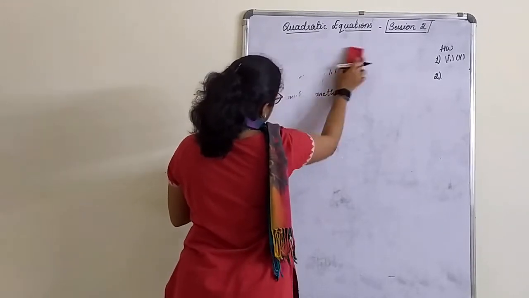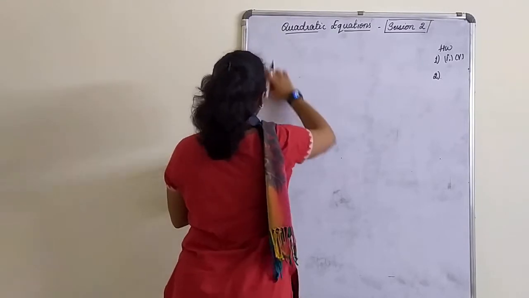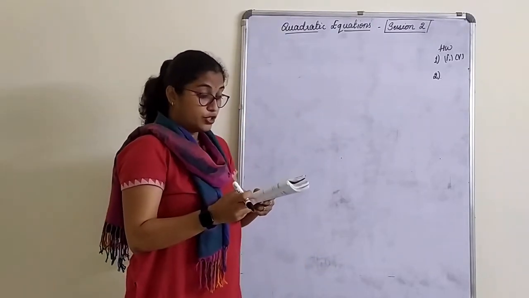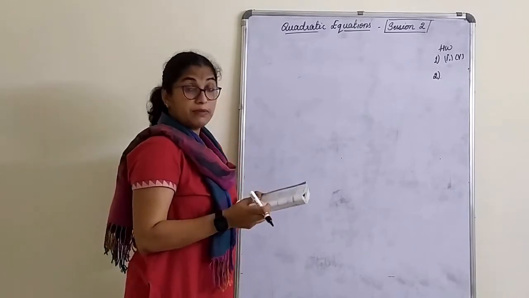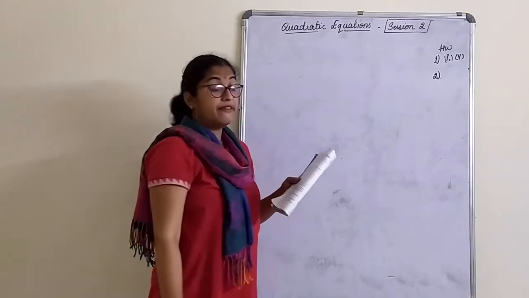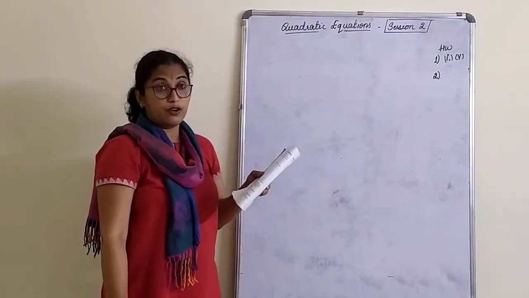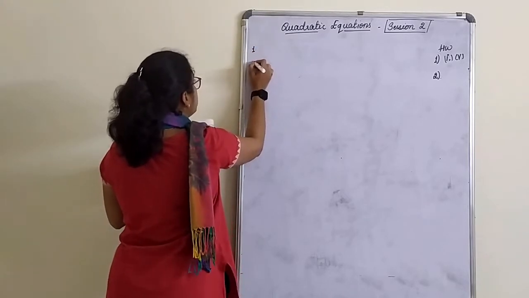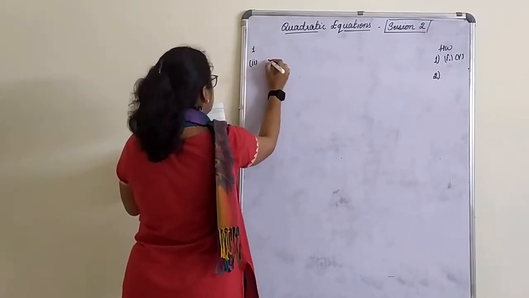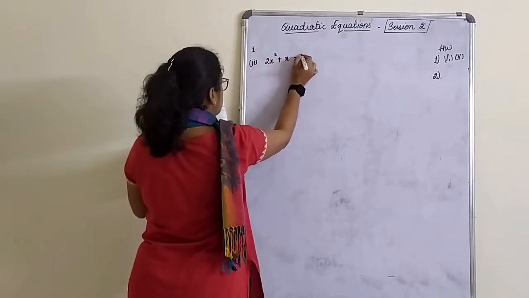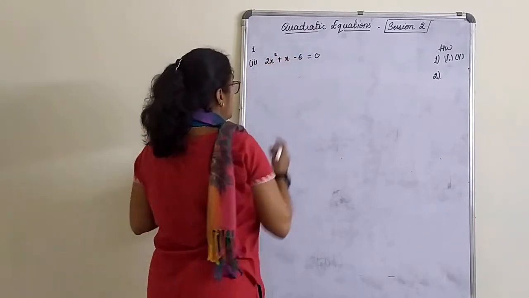The second exercise of this chapter is the factorization method. Find the roots of the following quadratic equation by factorization. Yes children, the first and fifth ones I have given for homework. For the first one, the second part I will solve here, which is 2x square plus x minus 6 is equal to 0.